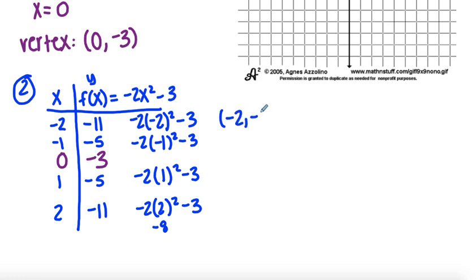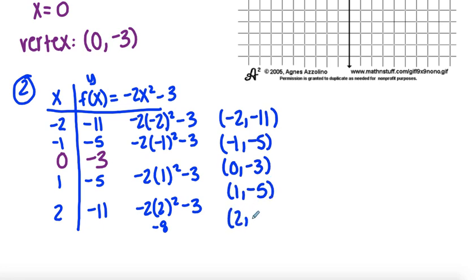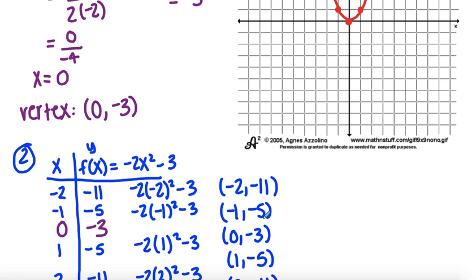So here I have my points, negative 2, negative 11, negative 1, negative 5, 0, negative 3, 1, negative 5, and 2, negative 11. So plotting those points onto here, starting with my vertex, I have negative 3.